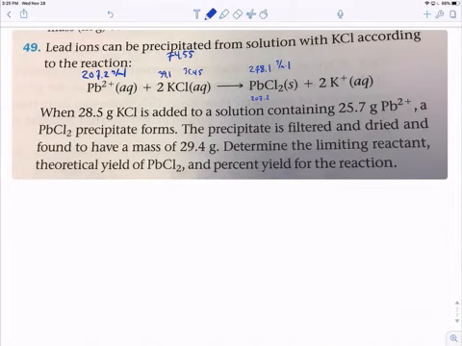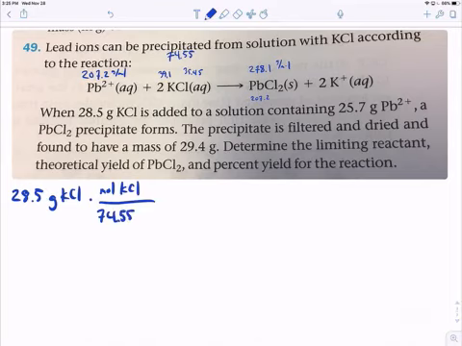So to figure out both limiting reagent and theoretical yield, you have to do it twice. So 28.5 grams KCl times mole KCl per 74.55 grams KCl times mole lead chloride to 2 moles KCl.